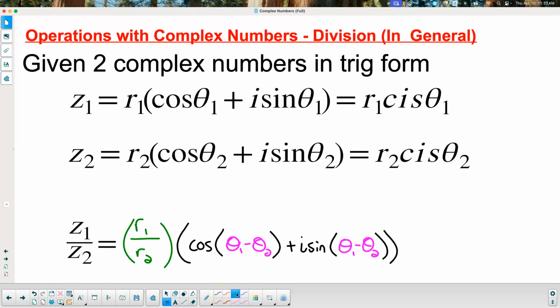Or in shorthand, it would be that. And again, that angle needs to be a first lap angle.